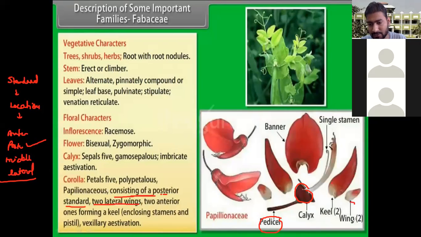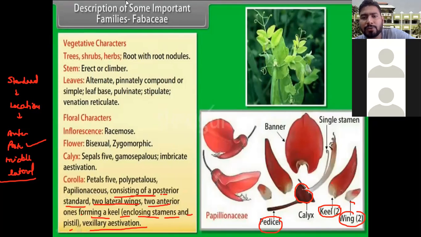So here they have given two lateral wings, and two anterior ones forming a keel enclosing stamens and pistil. So there are two keels, two wings and one big standard. Clear? This is the vexillary type of estivation.